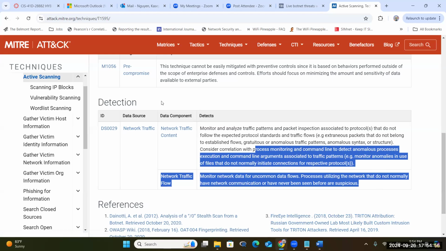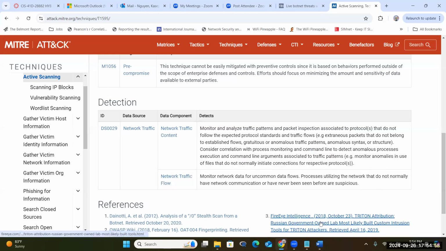So ultimately, with active scanning, the only way that you can build some kind of solution for this is reactive, to be able to monitor to see who is scanning you and how long or what they're looking for by looking at network traffic.